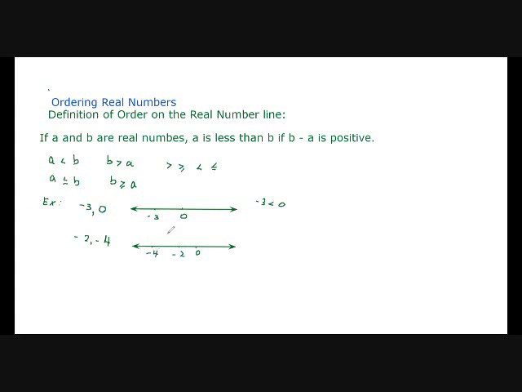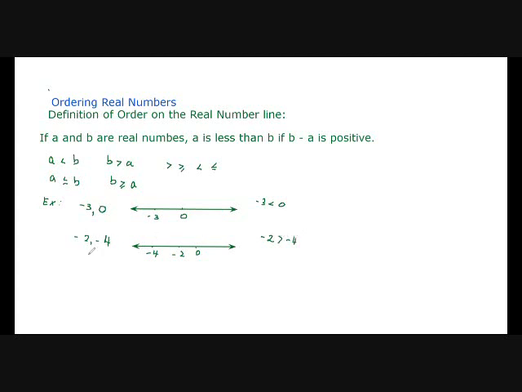Now observe which one is greater between these two numbers. You see -2 is on the right-hand side, and -4 is on the left-hand side. So we know right away -2 is greater than -4.